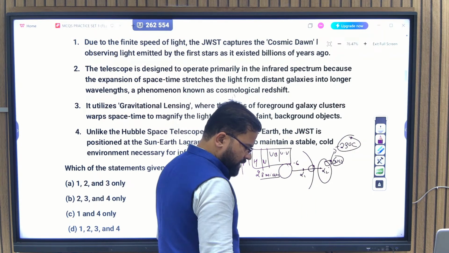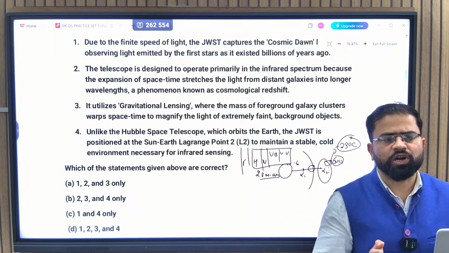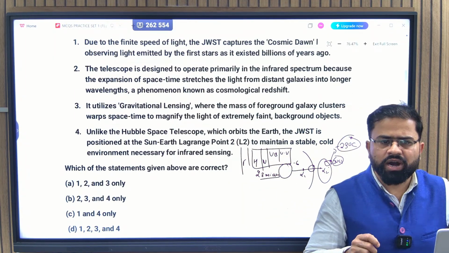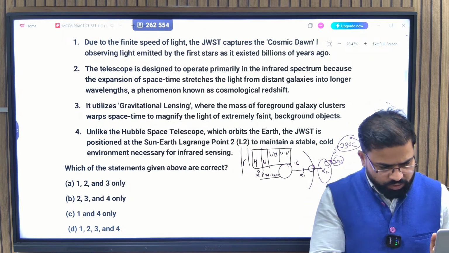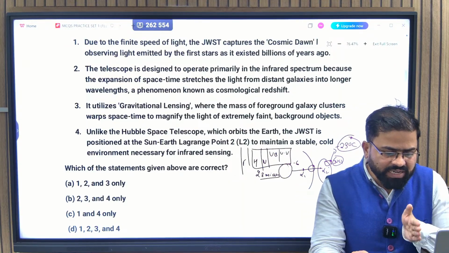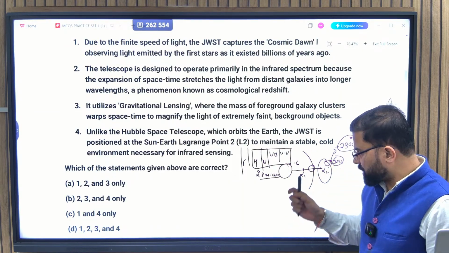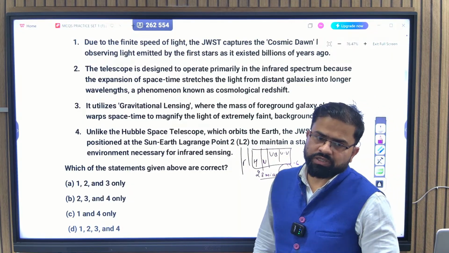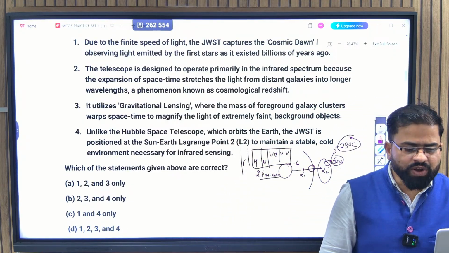Now we have discussed that radio waves and infrared, since they have longer wavelength, can travel longer distance. We have also discussed the concept of cosmological redshift. Cosmological redshift means the radiation moves from visible light towards infrared and radio waves. So it utilizes this cosmological redshift because the James Webb Space Telescope is designed to capture infrared radiations basically.